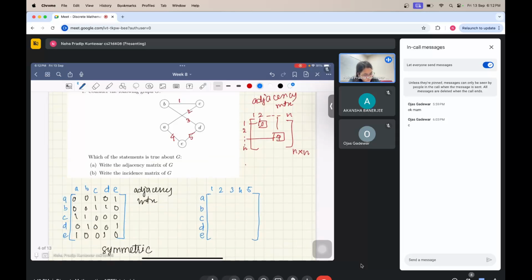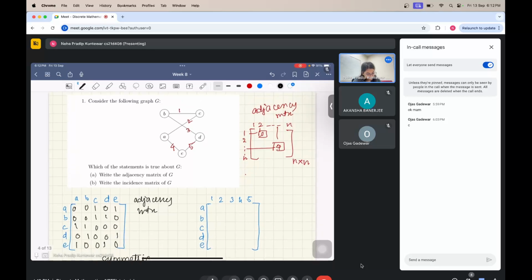Okay, so what are the values for this? Vertex A is incident on edge 2 and edge 4, right? So for 2 and 4 I'm going to write 1, and for the rest I'm going to write 0.